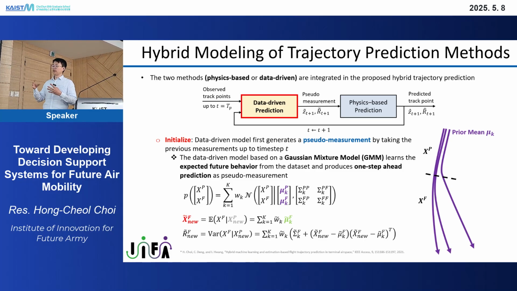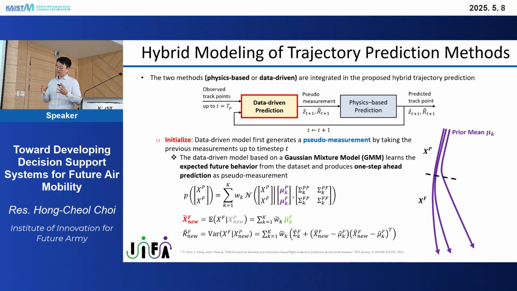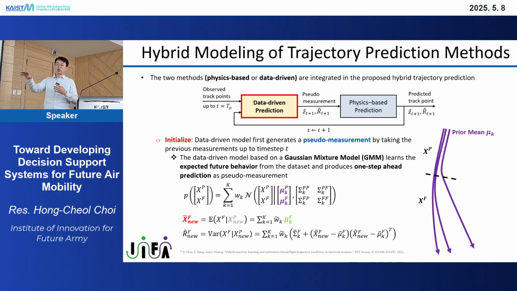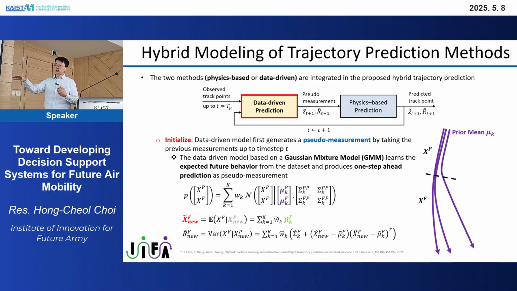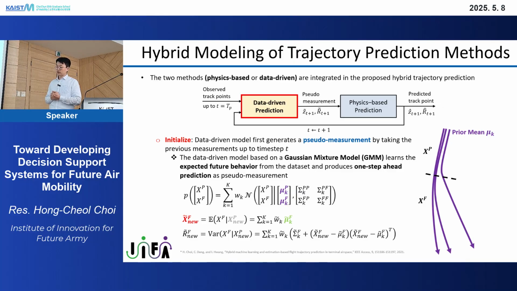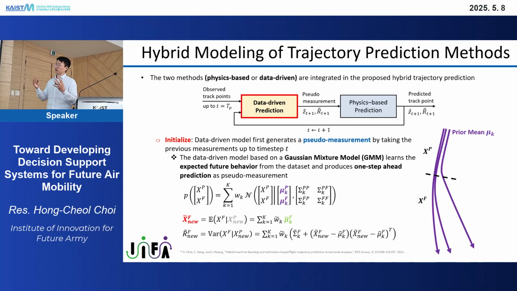Actually, for ground vehicles, as Professor Sin said, we don't know the intention of other vehicles or even pedestrians. Then we can incorporate intent inference. So one research field is intent inference. If we have the intent of others in the traffic scene, then we can have better predictions or better decision support systems. There is also research on context-aware algorithms.